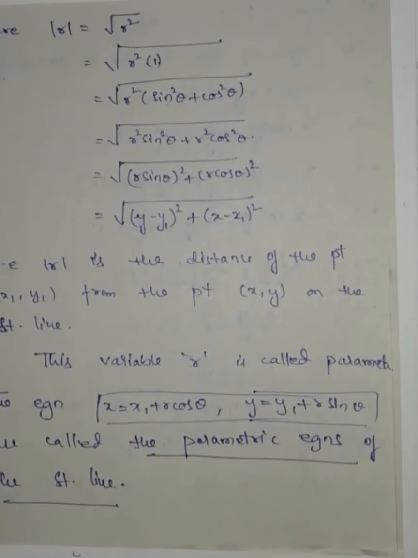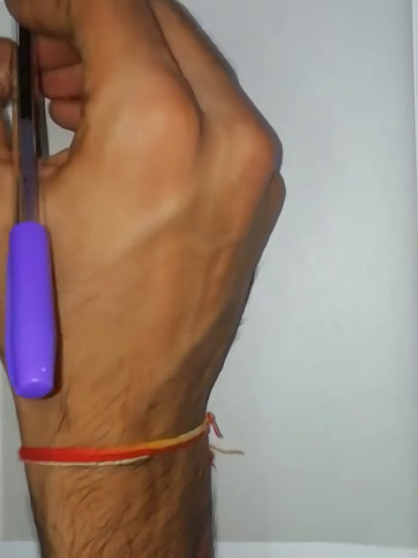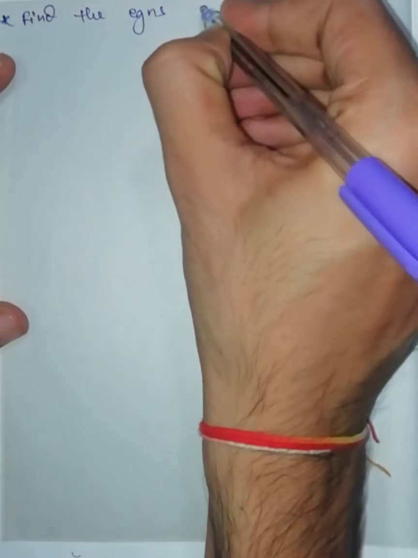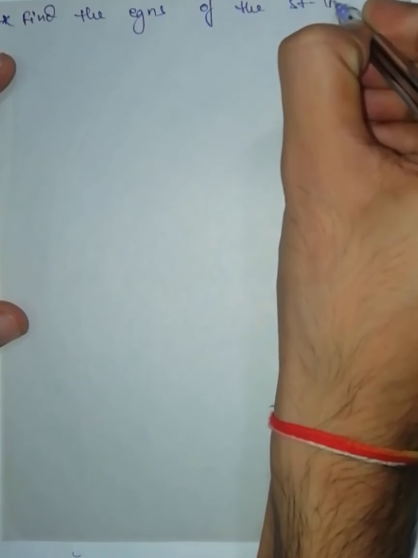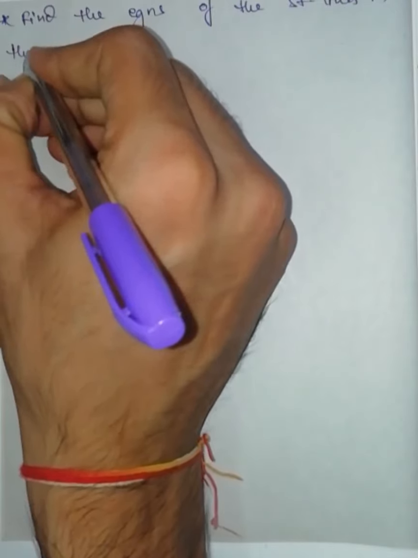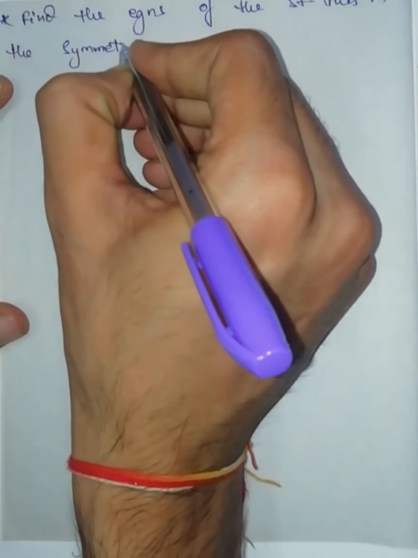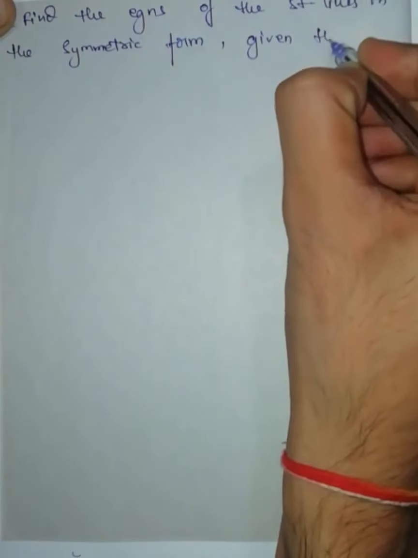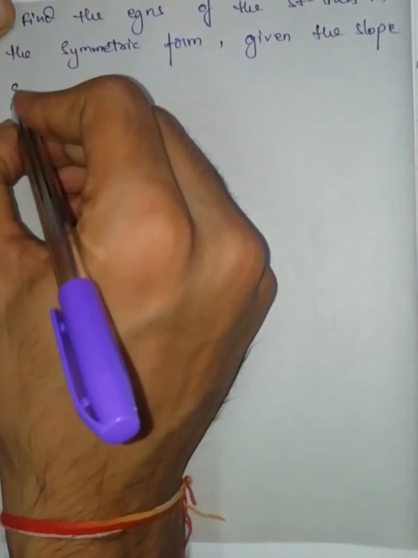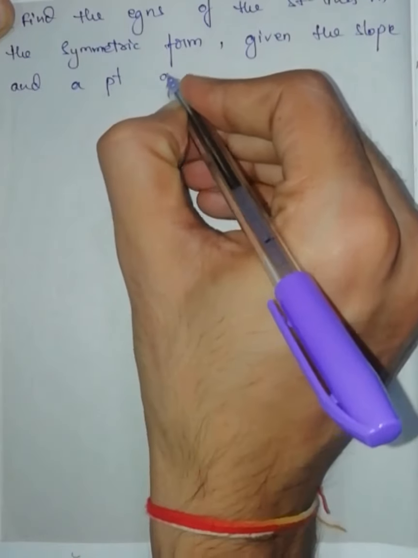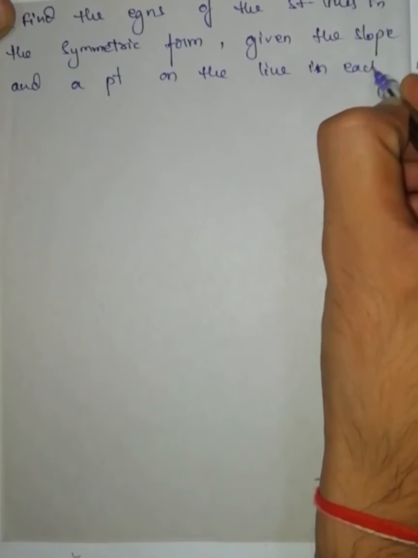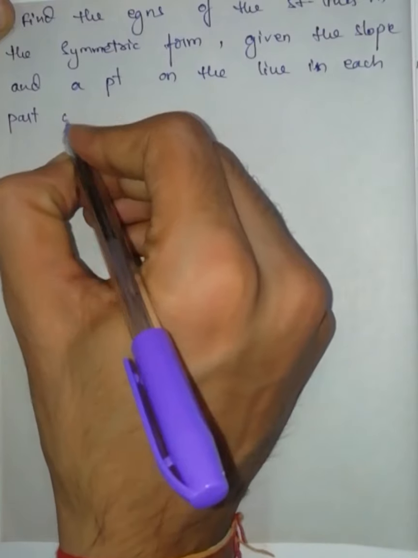Now let us discuss some of the problems. Find the equations of the straight lines in the symmetric form, given the slope and a point on the line in each part of the question.